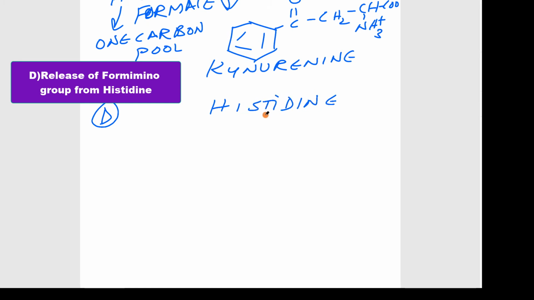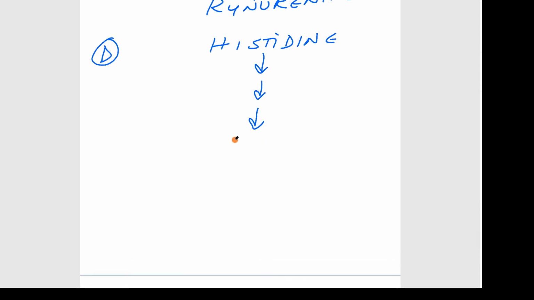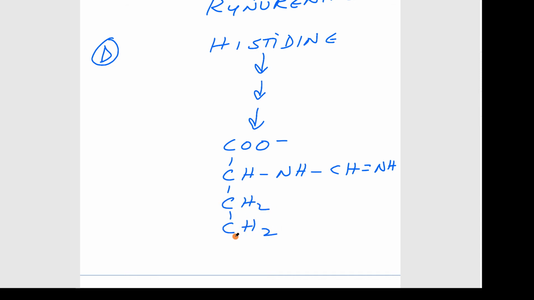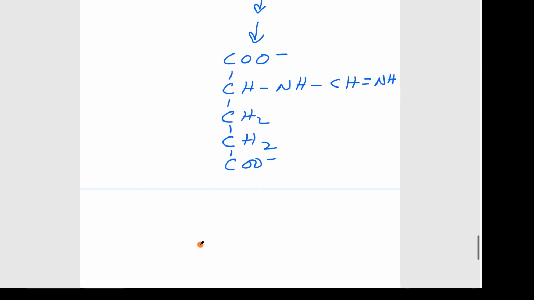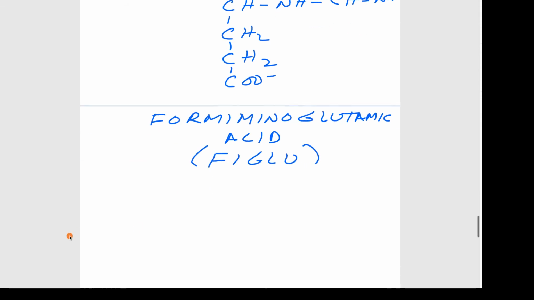Histidine, through a number of reactions, is converted to formiminoglutamic acid, in short form FIGLU.